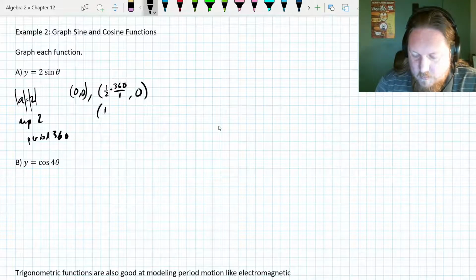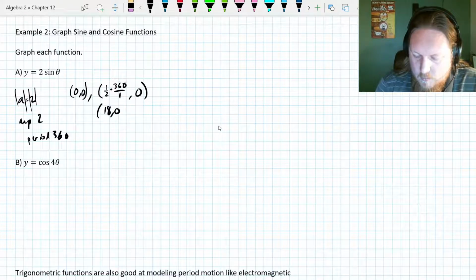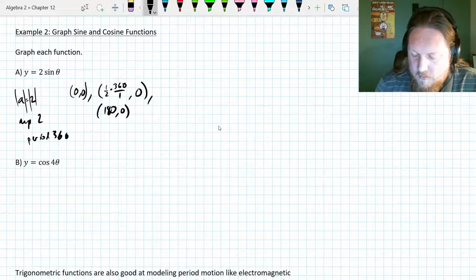Well, that's just 180, comma 0. And then I do that again with the next one, just 360 divided by the period, which is 1, comma 0, which is going to be 360, comma 0.